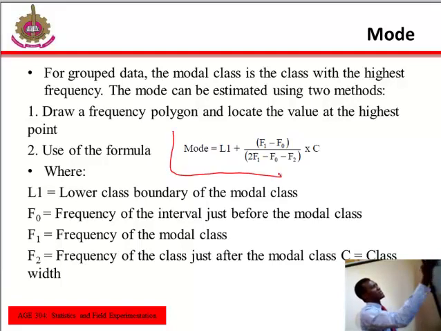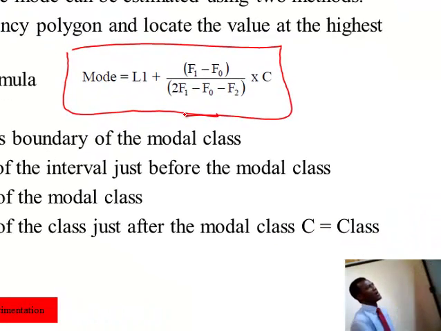Using this formula, mode is equal to L1 plus F1 minus F0 all over 2F1 minus F0 minus F2, times C. Where L1 is the lower class boundary of the modal class, F0 is the frequency of the interval just before the modal class, and F1 is the frequency of the modal class.